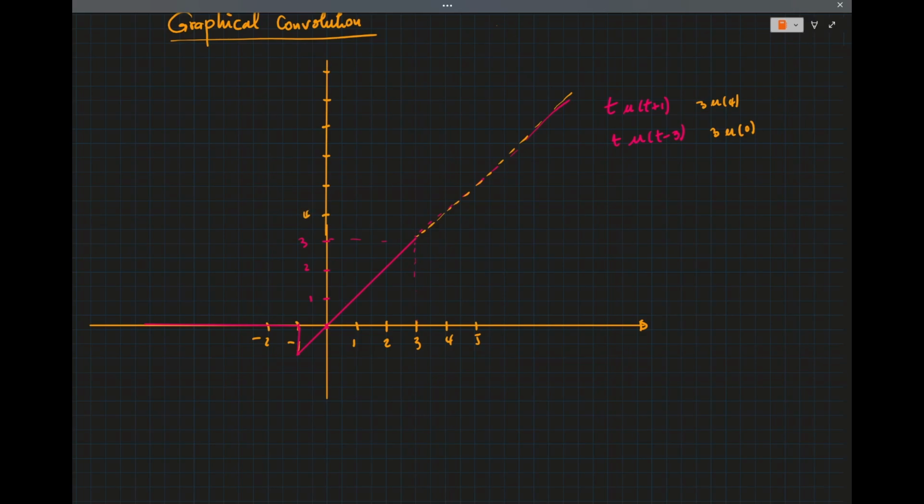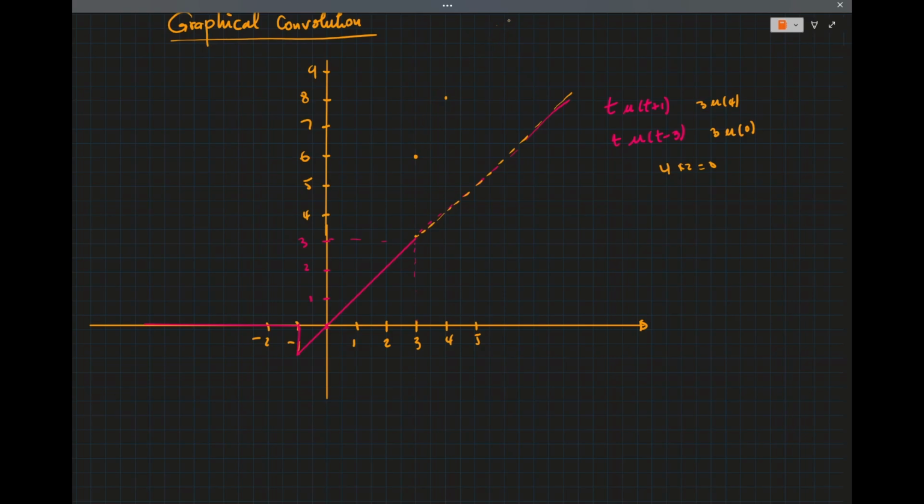So we have a jump in here. At t equal to 3, it gives me 6. At t equal to 4, it's 4 times 2, that's 8.